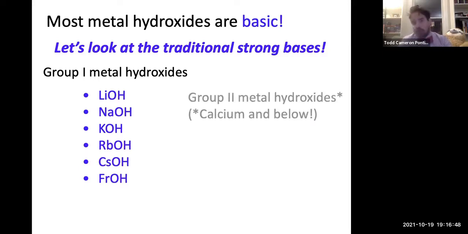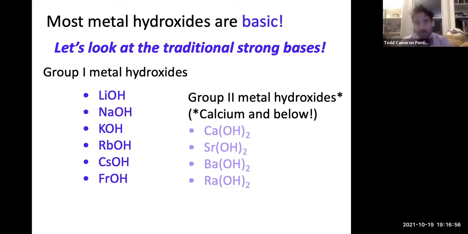And group 2 metal hydroxides, with a little caveat here, calcium and below. So the larger group 2 metal ions and 2 hydroxides. So calcium hydroxide, strontium hydroxide, barium hydroxide, technically radium hydroxide, etc. These are all metal hydroxides. They can be made from metal oxides, and these are all strong bases that will dissociate completely in aqueous solution.